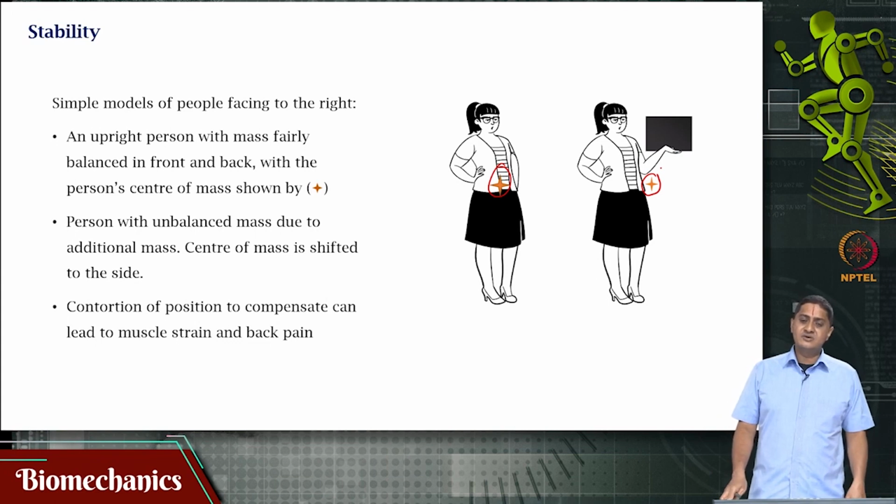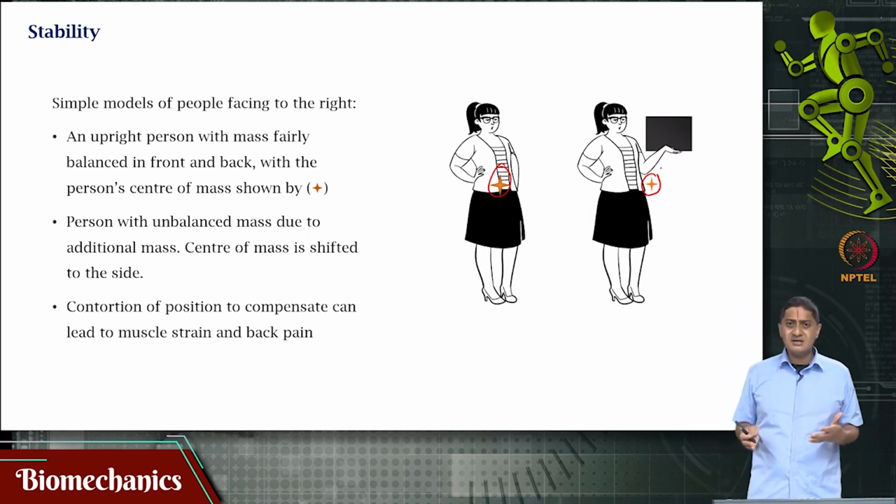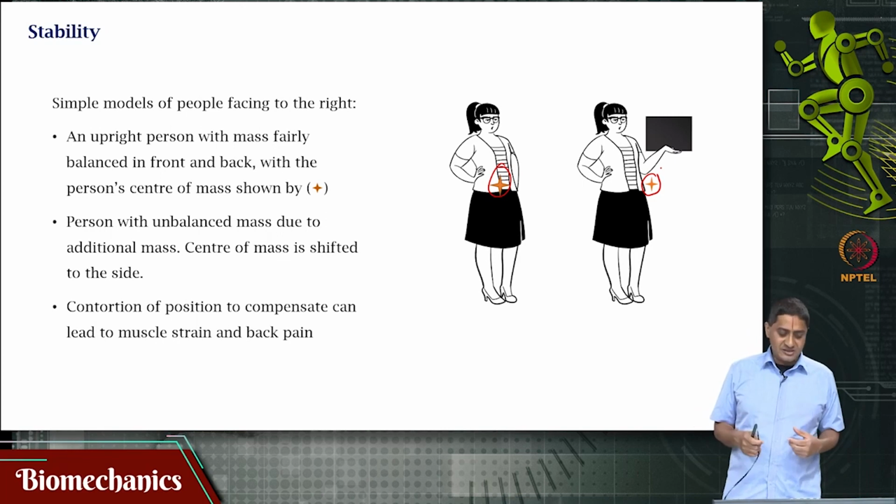This tends to cause a tremendous amount of back pain to these ladies, right. So, something that others cannot easily understand or perceive, but people with big bellies can understand what this means. So, how are these arising? As compensatory mechanisms.